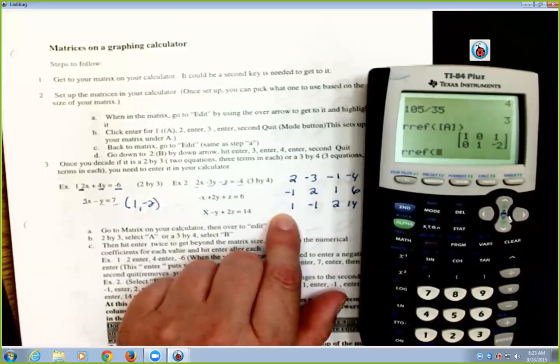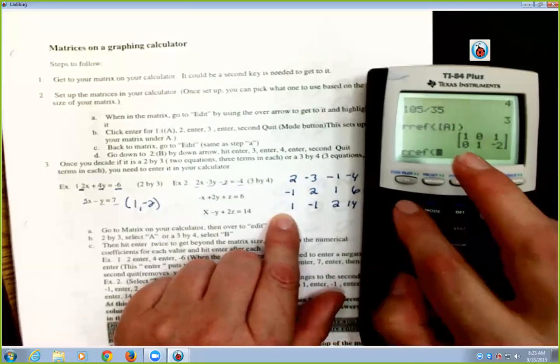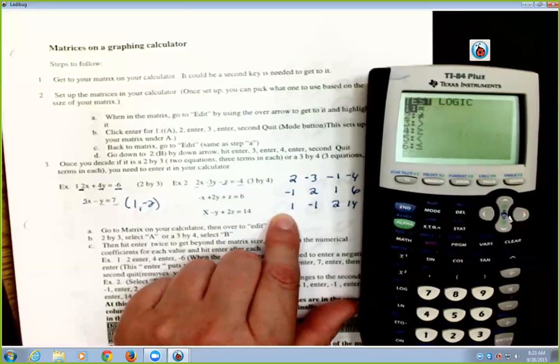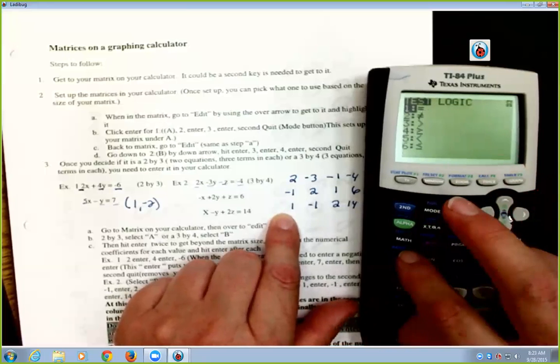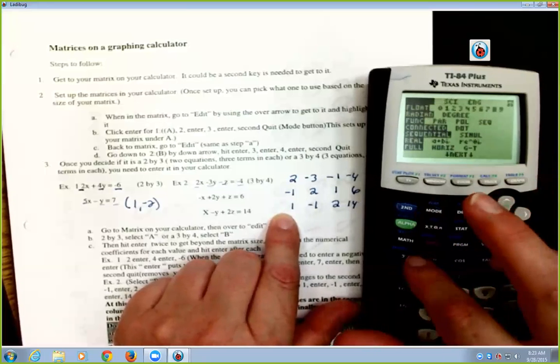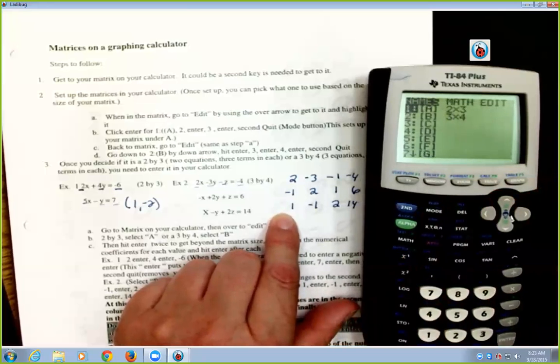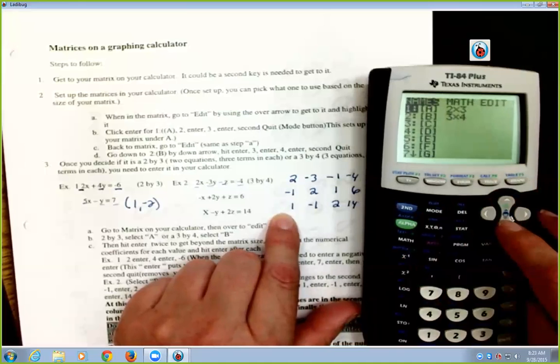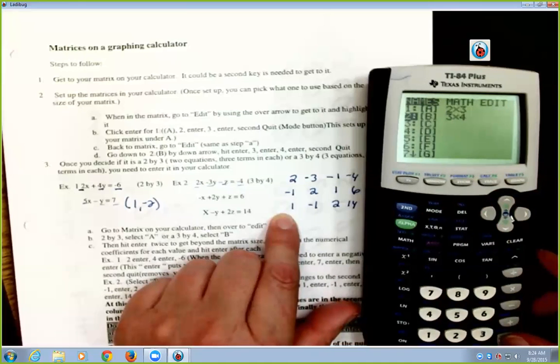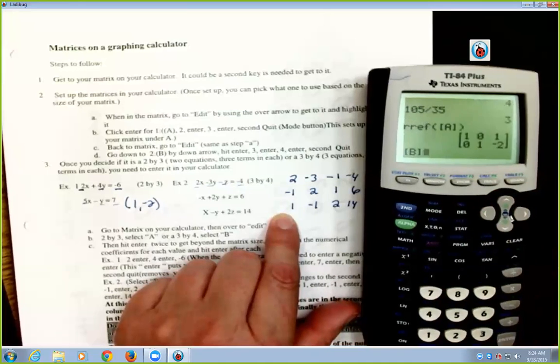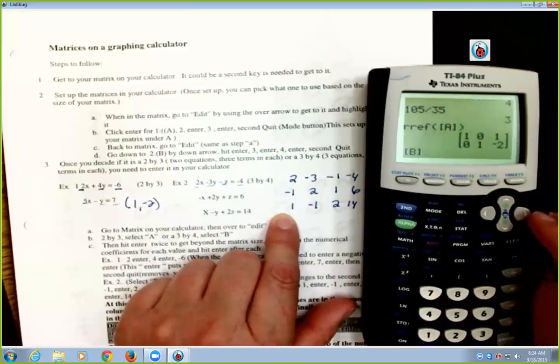So now we're going to go second matrix. Second quit here, second matrix. And I'm going to stay in names, and this time I want to go to letter B because that's where I've stored it. Whoops, I lost my RREF in here.